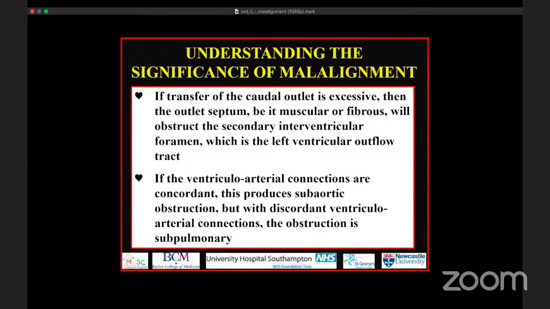And if we have obstruction of that secondary interventricular communication when the ventricular-arterial connections are concordant, we will obviously have some aortic obstruction, but should the ventricular-arterial connections be discordant, then the obstruction will be subpulmonary, and that, of course, is what you see with transposition. So now, to complete our discussions on malalignment, Andrew is going to show you the consequence of caudal malalignment of the outlet septum.